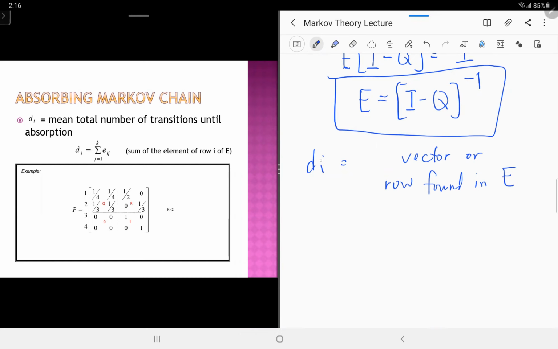Okay, the subscript here is your source transient state.